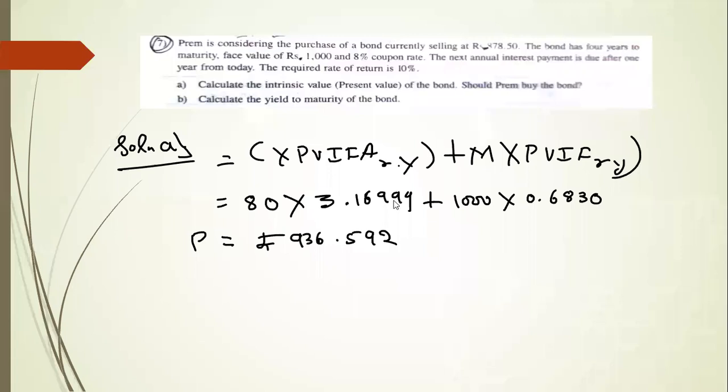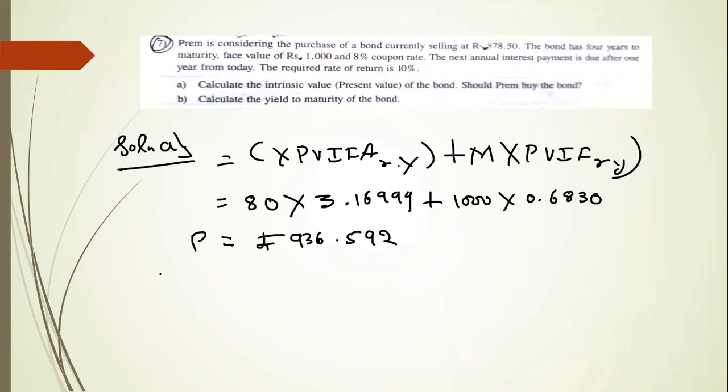So we get the value, that is rupees 936.592. So the question is asking whether to buy it or not. So the intrinsic value, if you see, is 936.596, and the market price of the bond is rupees 878.50. So the bond is underpriced. So Prem should buy the bond.